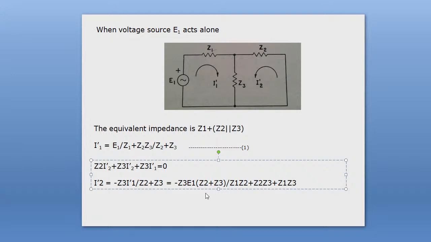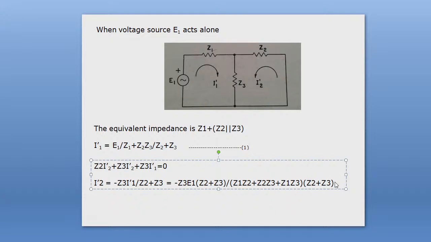Okay, and you multiply this total term with Z2 plus Z3, so this you just consider within a bracket. You see the numerator has Z2 Z3 and the denominator also has Z2 Z3, so these two terms will cancel out.